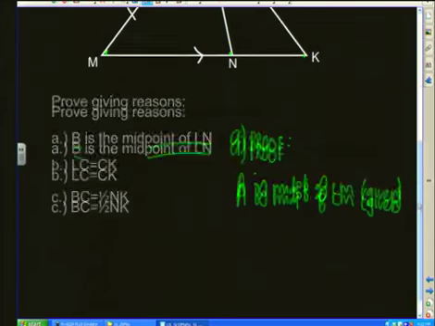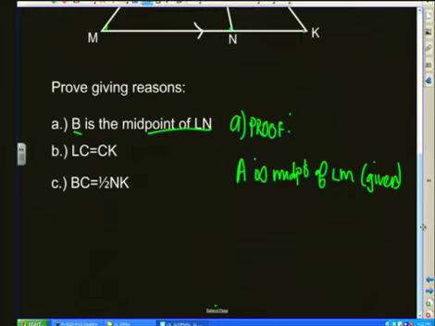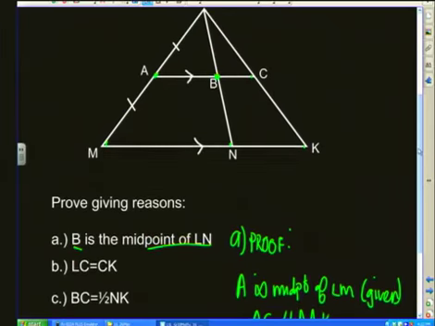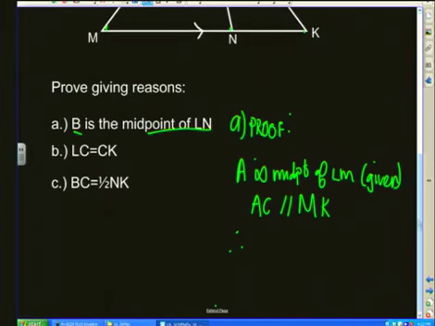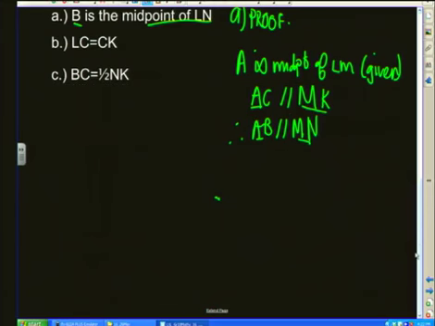We also know that AC is parallel to MK. That was given. Therefore, the little portion of that line segment, AB, must be parallel to MN. If the whole line segment is parallel, then obviously little portions of those line segments will still be parallel to each other. So we know AB is parallel to MN.